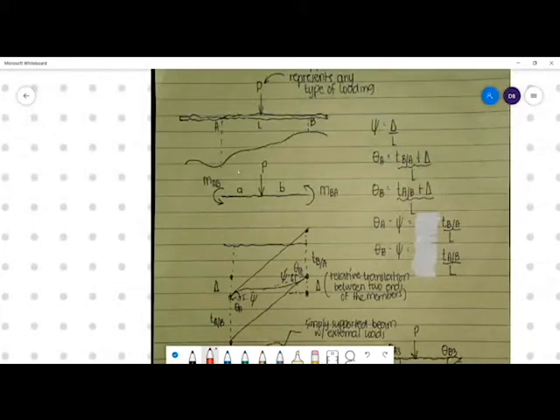And then pagka hiniwalay, we try to separate segment AB, and we know na at the beam meron tayong bending moment at point A, no, and also at point B.